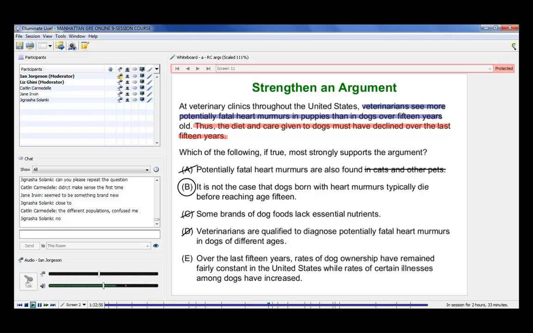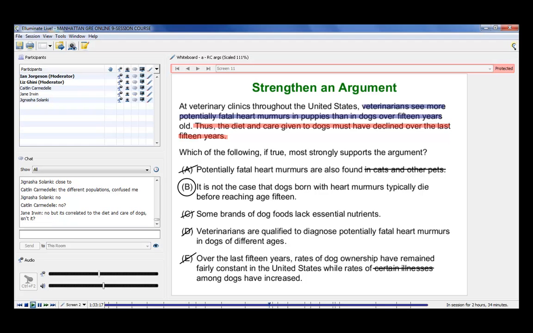And then last one, right, certain rates of illness among dogs have increased. Is that the same as heart murmurs? So Jane, I don't know the answer to that question. Are illnesses among dogs related to diet and care?